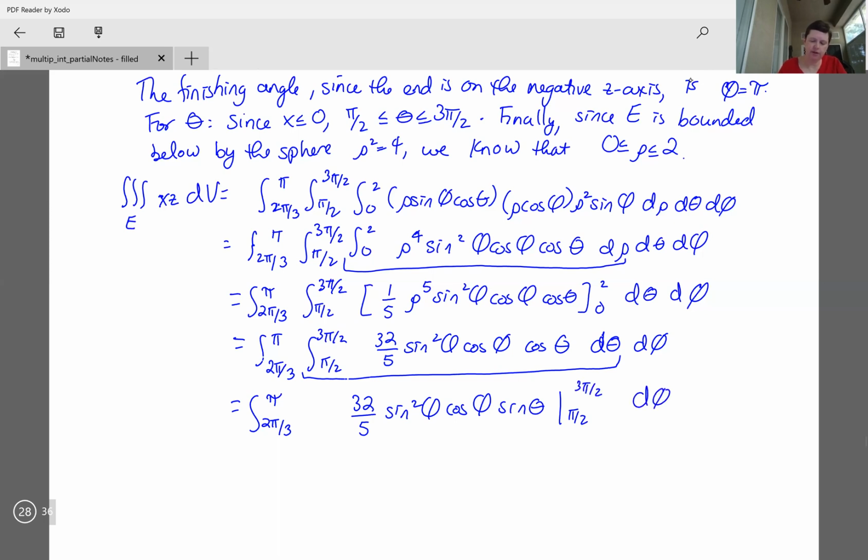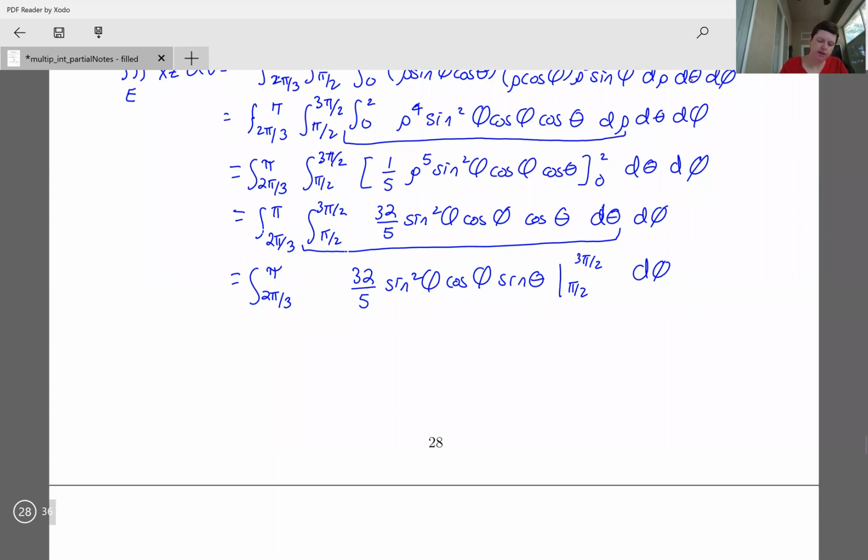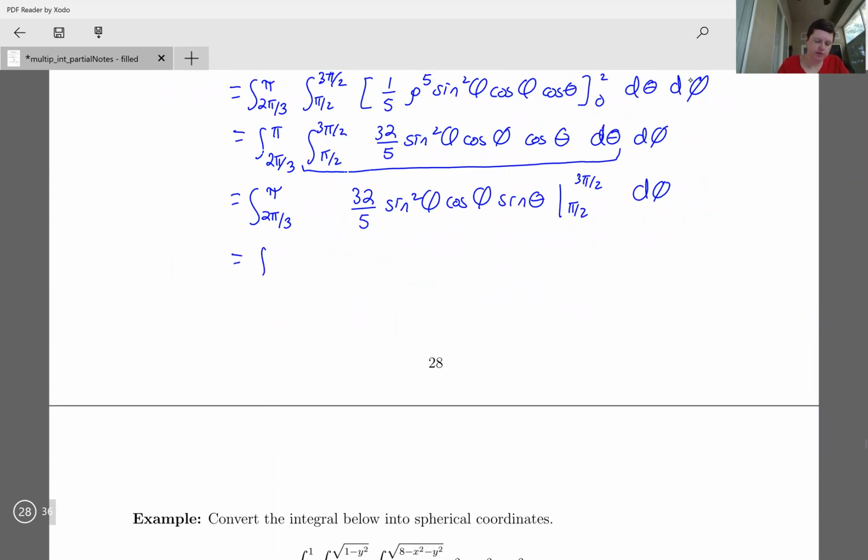So that's going to give me the integral from 2 pi over 3 to pi of, when I plug in my limits, negative 64/5 sine squared phi, cosine phi, d phi.